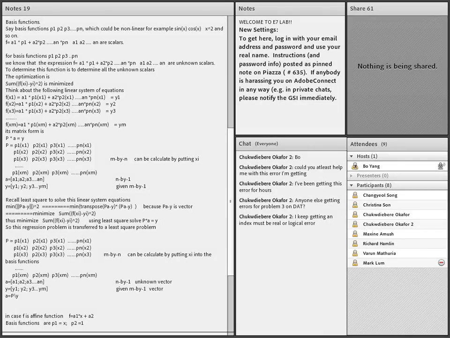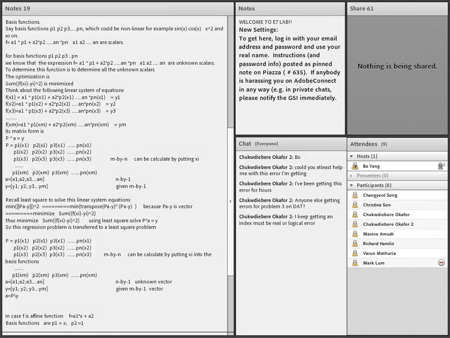In case f is a quadratic function, we say f equals a1 multiplied by x squared plus a2 multiplied by x plus a3. The basis functions this time are p1 equals x squared, p2 equals x, p3 equals 1. So this time P is an n by 3 array. We just put training data x1, x2 to xn into these three basis functions and get this P array. Then the y array can also be gotten easily.